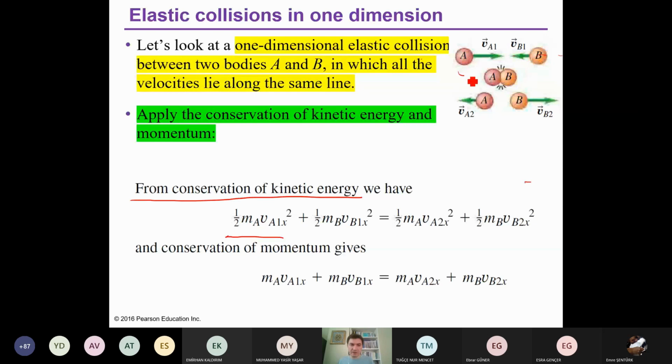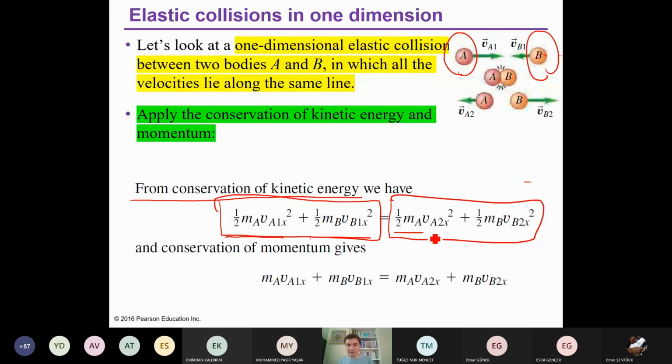This is before the collision. On the right side we have the total kinetic energy after the collision: the final kinetic energy of the A ball and the final kinetic energy of the B ball. We can write this expression by using conservation of kinetic energy. So what about the conservation of momentum?